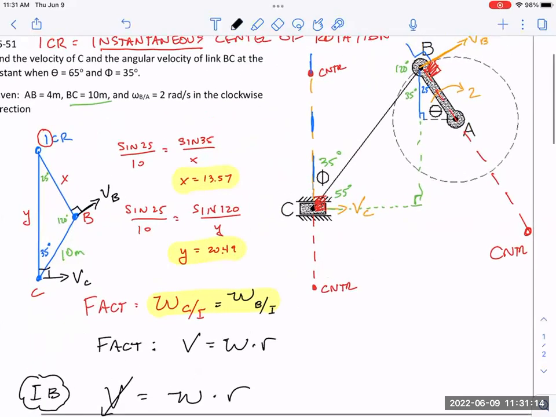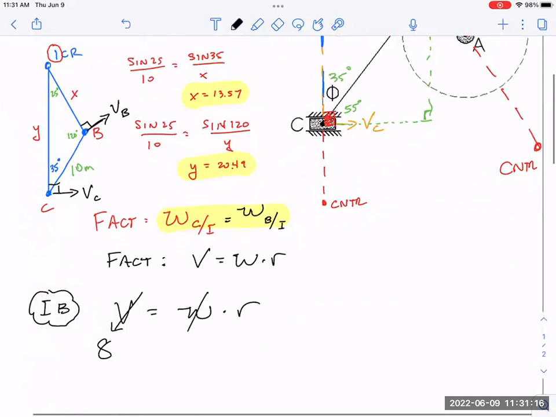Now, again, be careful, do you understand I can't put 2 here? Because we're talking about it rotating around I, not around A. This is a totally different location, so it's not 2. But don't I know the radius thanks to that X calculation I made just a minute ago around I, because this is B rotating around I. So we just figured out that X value is 13.57.